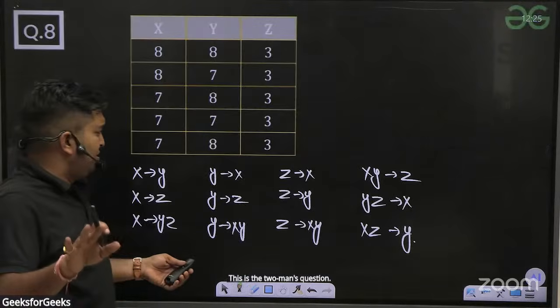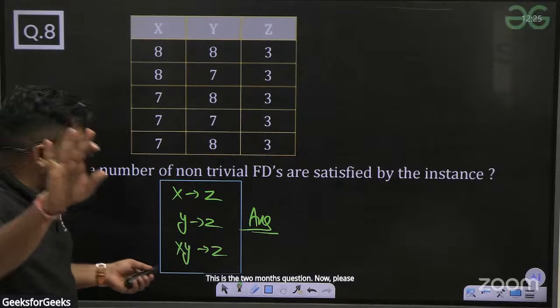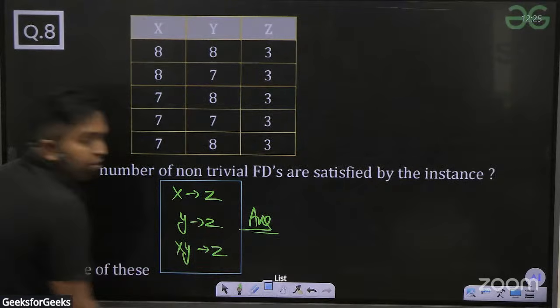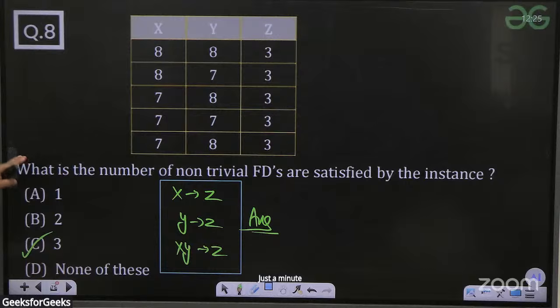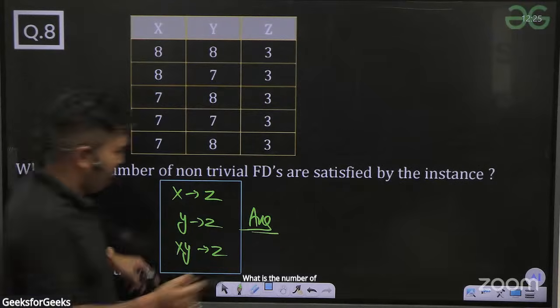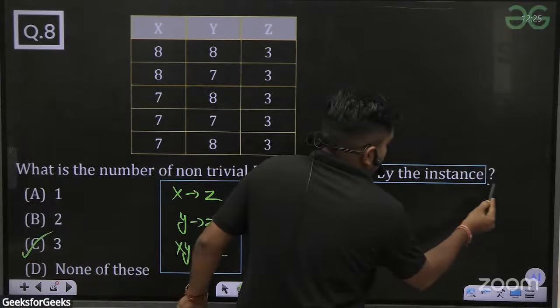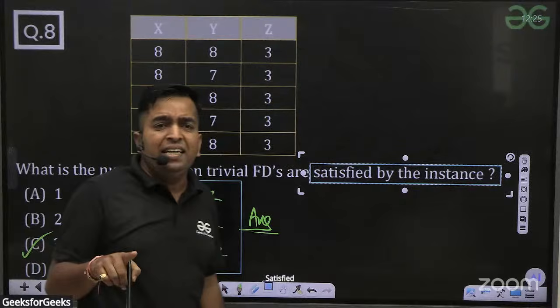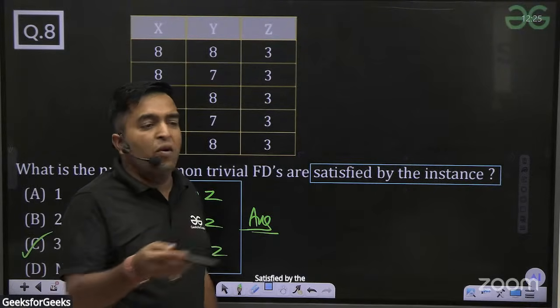Now please just wait. Listen. Just a minute. Please read this line. What is the number of FDs satisfied by the instance, or what is the meaning of instance?